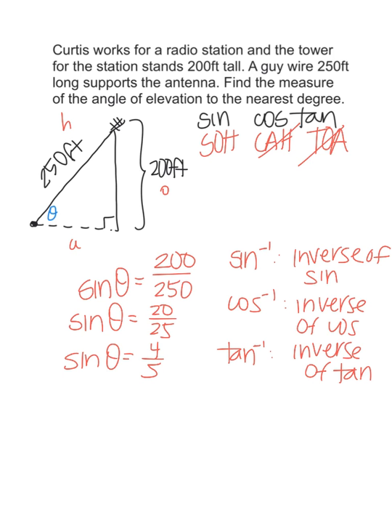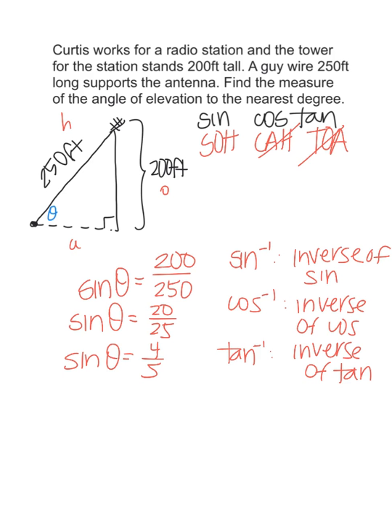Okay, so what's important to keep in mind here is that we're not dividing by sine or cosine or tangent. We're not multiplying or subtracting. Sine is a function. So when we undo it, just like when we undo a square root or we undo a square, we're doing the inverse of that function.